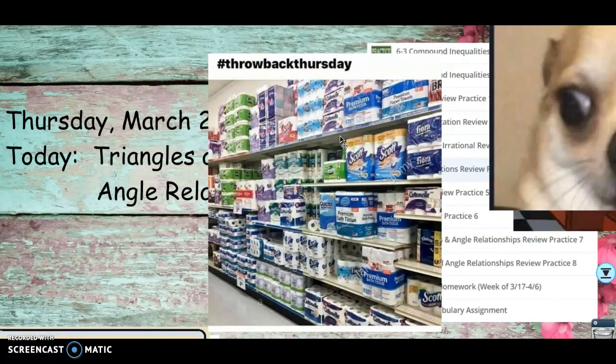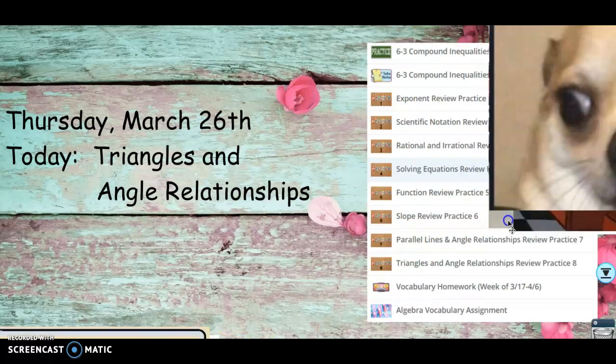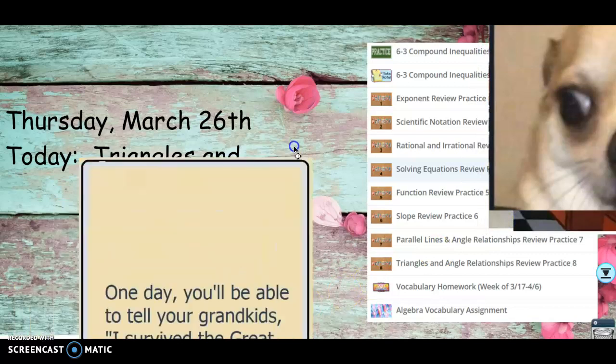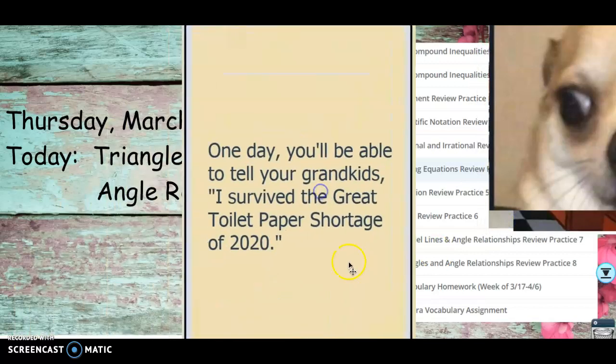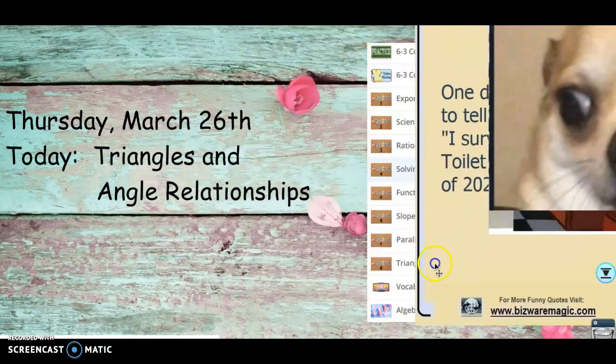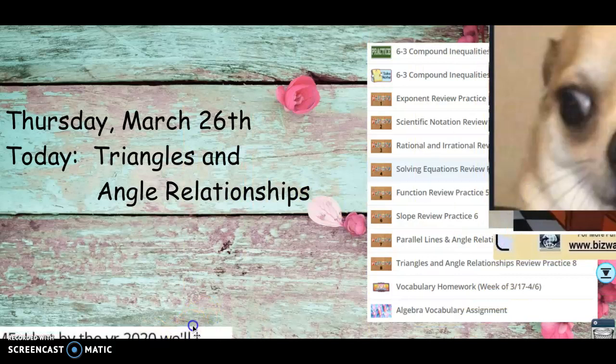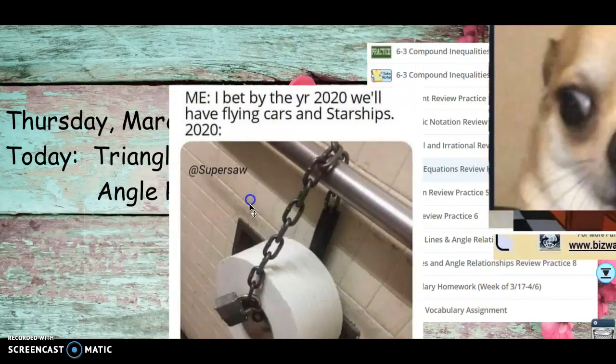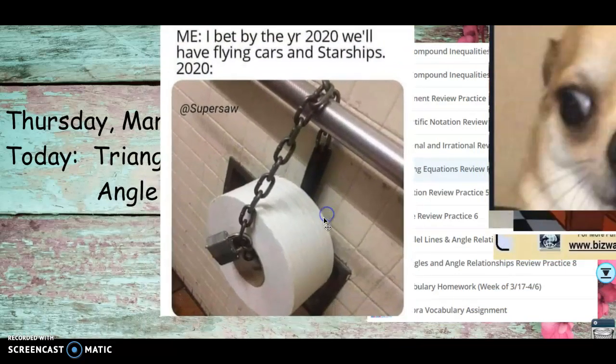You remember when the grocery stores had toilet paper? Yeah. Hopefully they will again. I don't have an unlimited supply of that. One day you'll be able to tell your grandkids, I survived the great toilet paper shortage of 2020. And me, I'll bet by the year 2020 we'll have flying cars and starships. 2020. Those are good, you got to admit it.